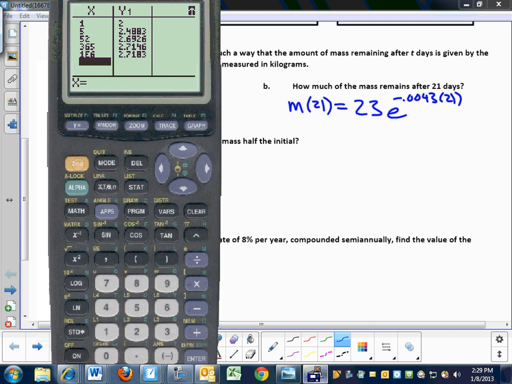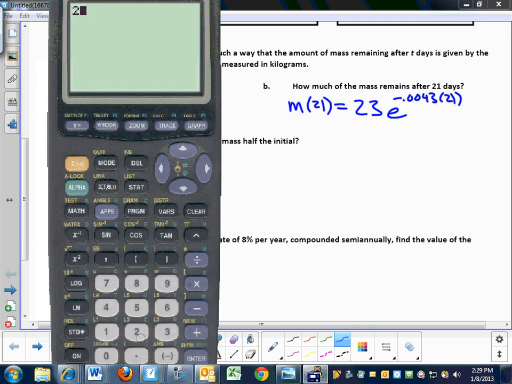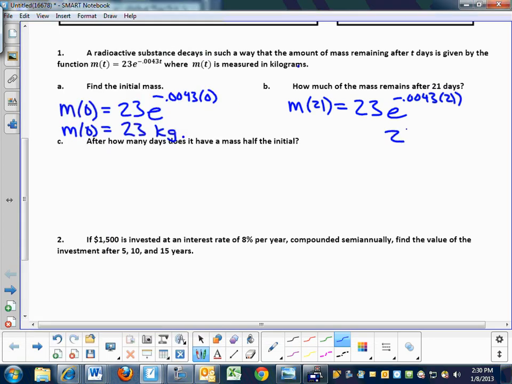I have to take out my calculator. 23 e to the negative 0.0043 times 21. That's 21.01... 1.01 kilograms. So after 21 days, about 2 kilograms has decayed.